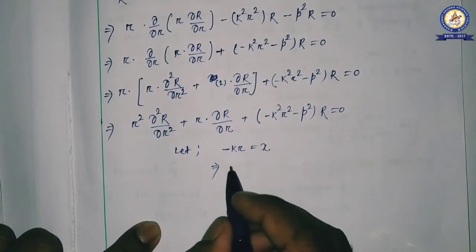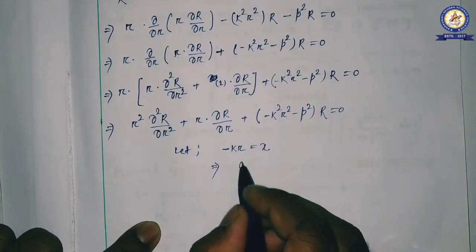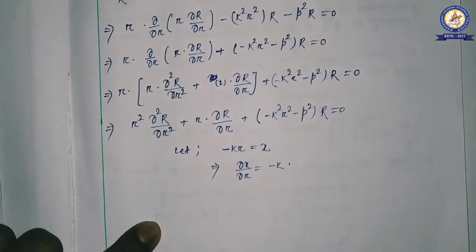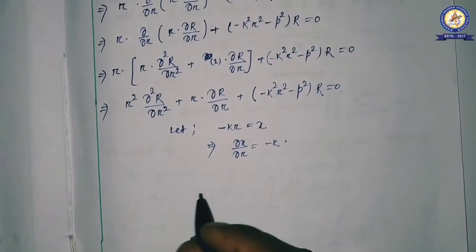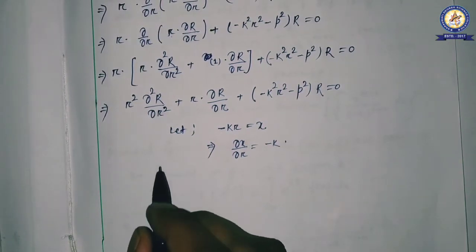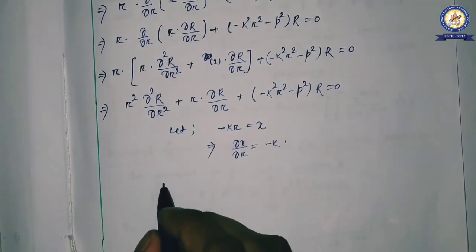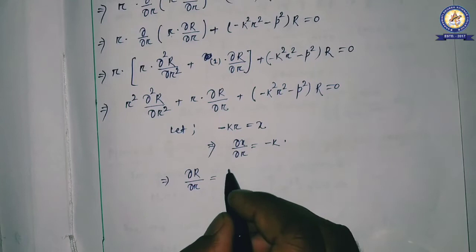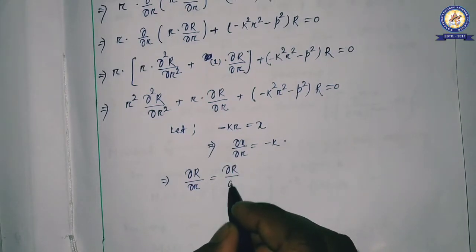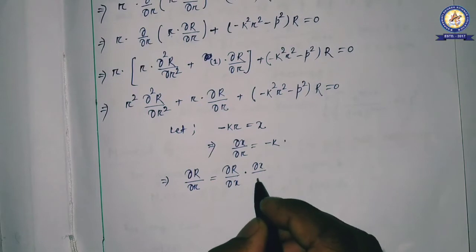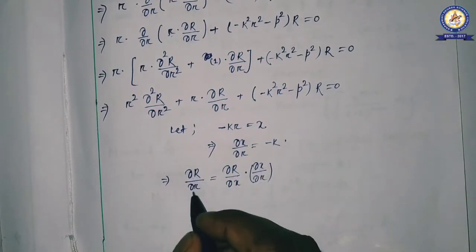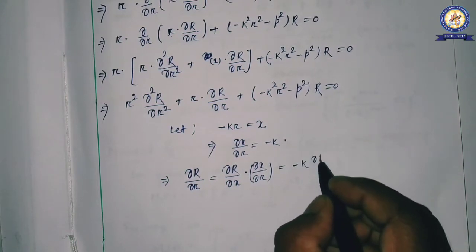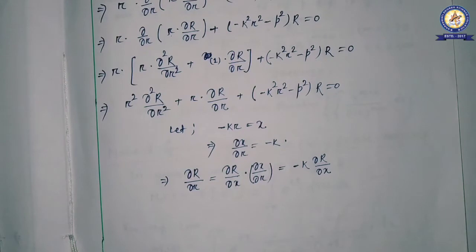So that implies del x by del r will be equal to minus k, right? And here you can see I'm just modifying this one: del R by del r can be written as del capital R by del x into del x by del r. This is nothing but minus k, so it can be written as minus k del capital R by del x, right?